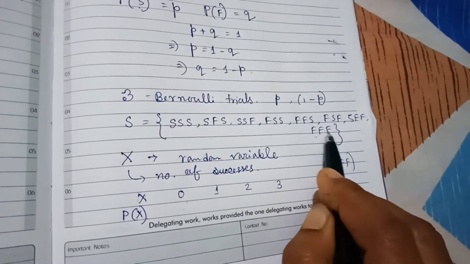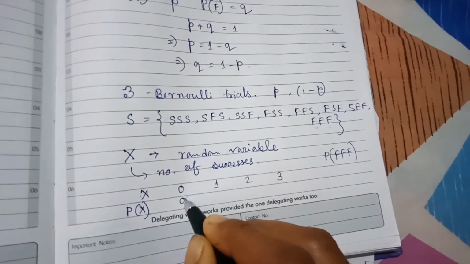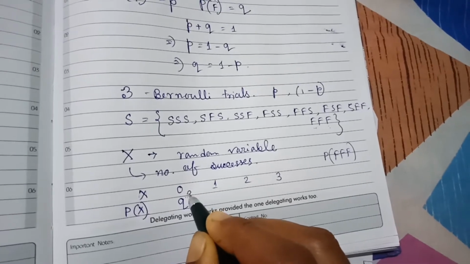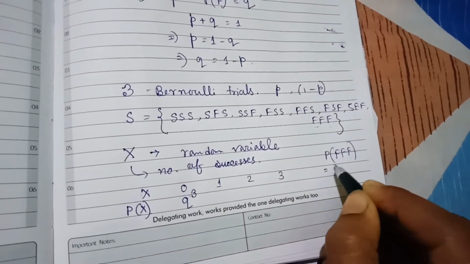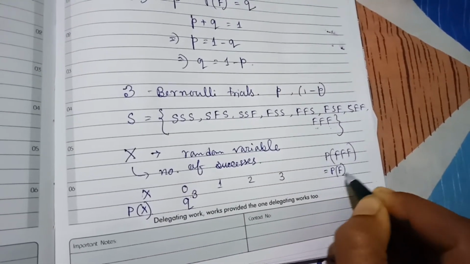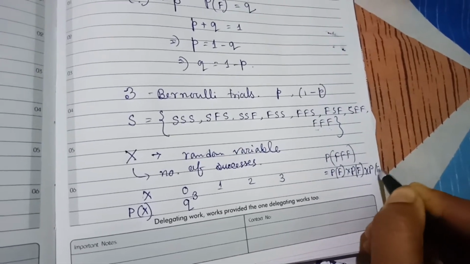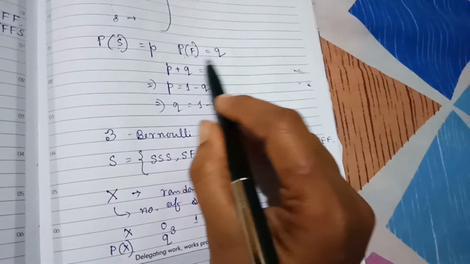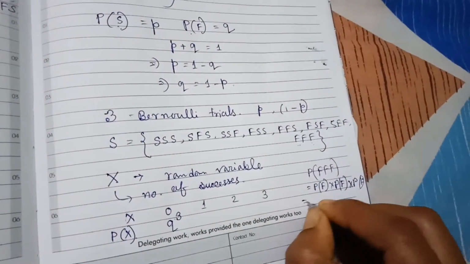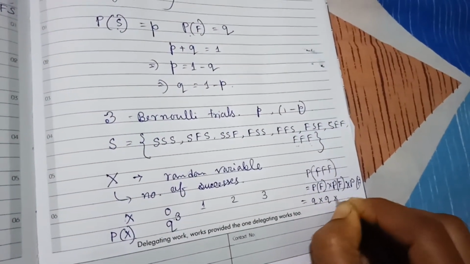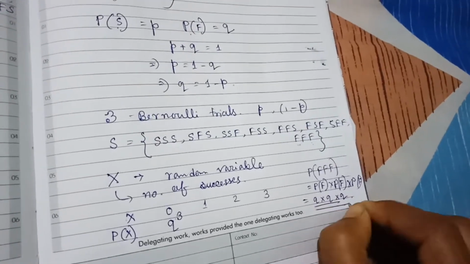So failures, that means we can write Q into Q into Q. So it's Q cube. P of independent, that means P of F into P of F into P of F. We have taken P of F equals to Q, so we can write Q into Q into Q. Right? So this is Q cube.